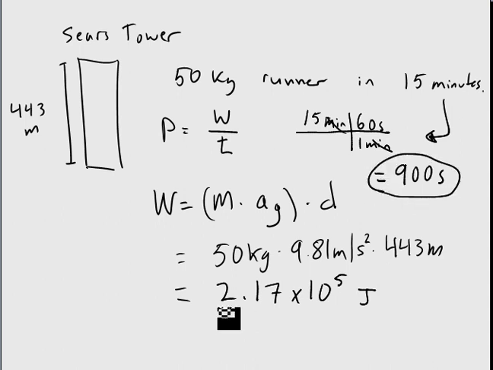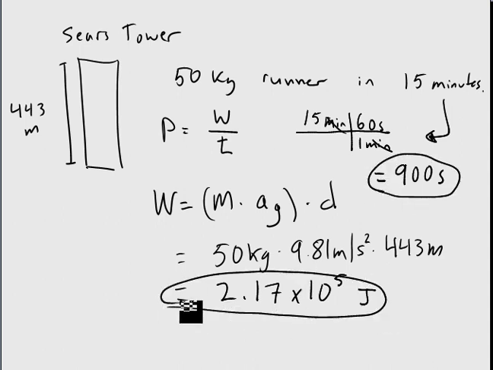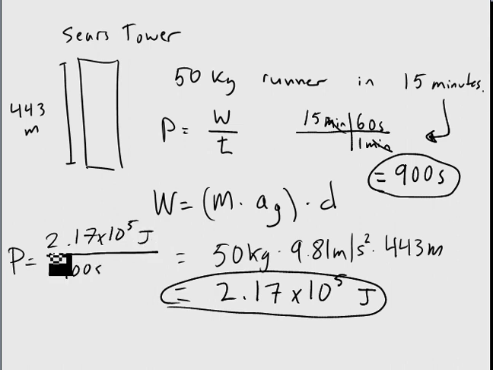So now we have our time, we have our work, so our power is simply 2.17 times 10 to the 5th joules divided by 900 seconds. That's going to give us 241 watts. Ta-da!